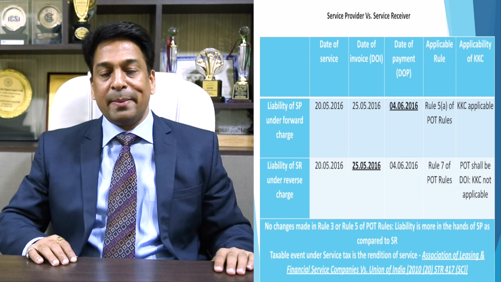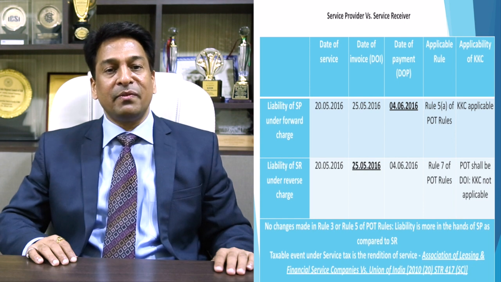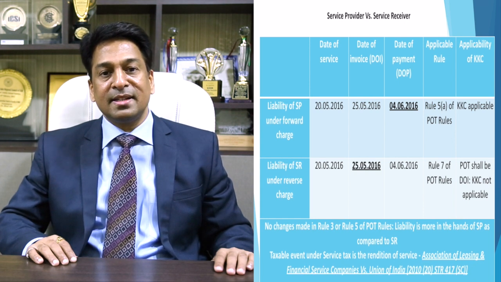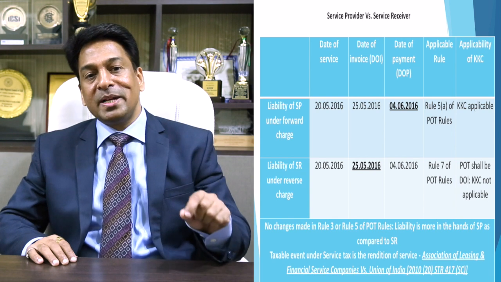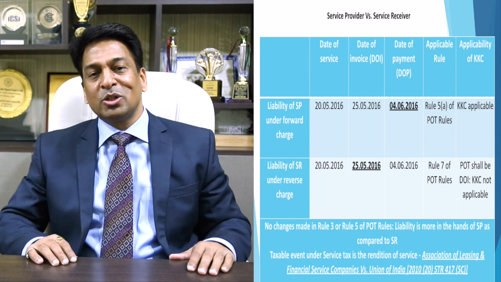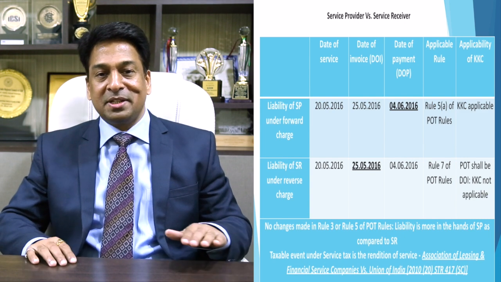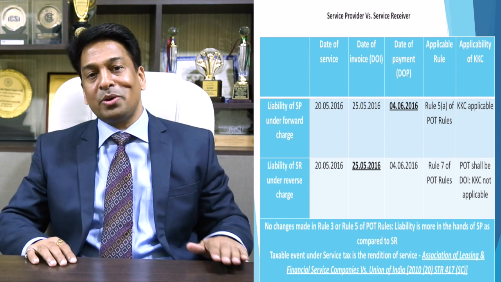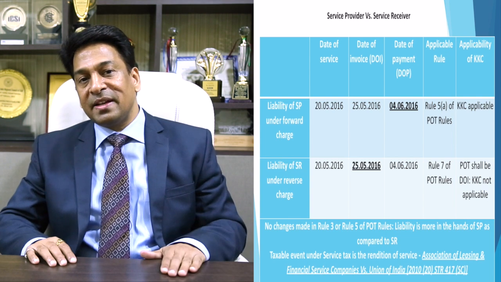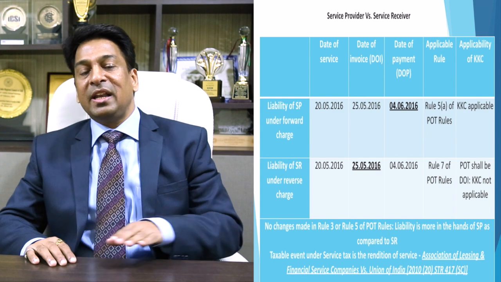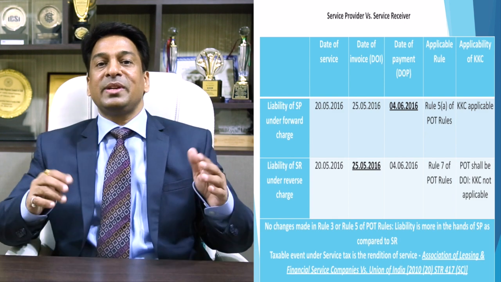Keeping in mind, Rule 5 of the POT Rules 2011 is contradictory to Section 66B, which is the chargeable section. In terms of the Apex Court judgment in the case of Association of Leasing and Financial Service Companies, the taxable event will always be the rendering of service. So why can't we have clarity? Now this reverse charge POT Rule 7 proviso giving benefit to the service receiver is not available to a service provider, as we have explained.